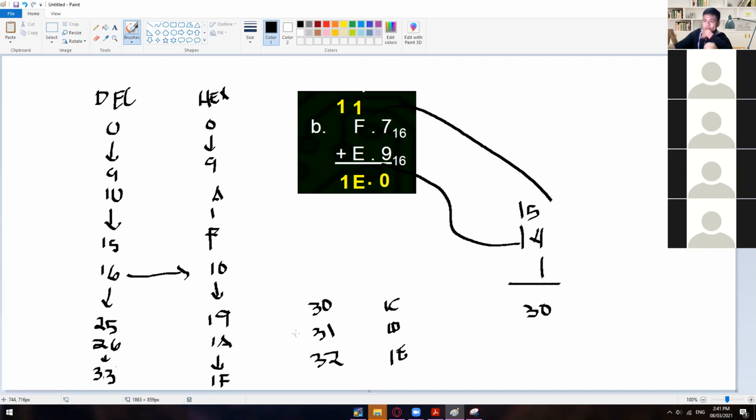Hmm. Is there something wrong with my arrangement? So 16 is 9, it's 25. And then we have here 26, 27, 28, 29, 30, 31. Sorry. Why did I add 2? So this one was supposedly 31.